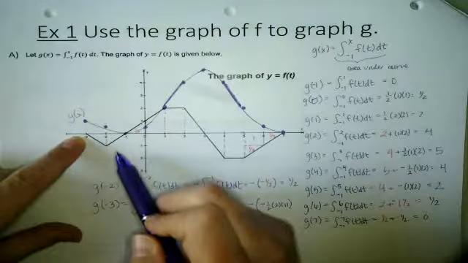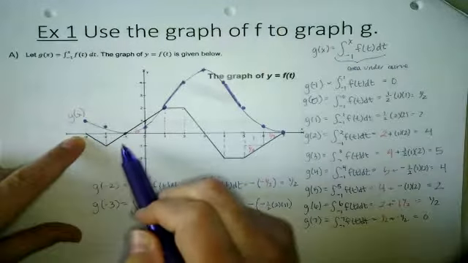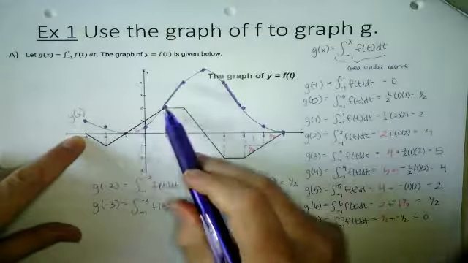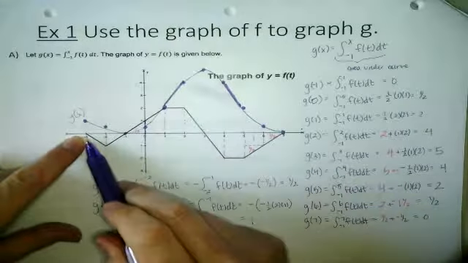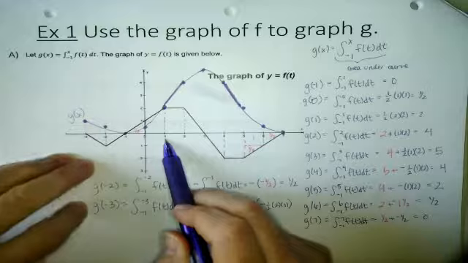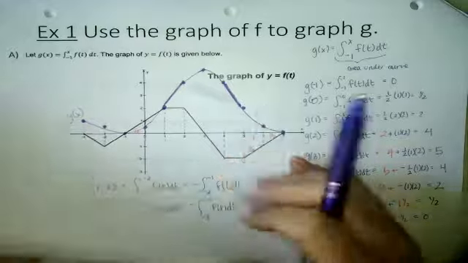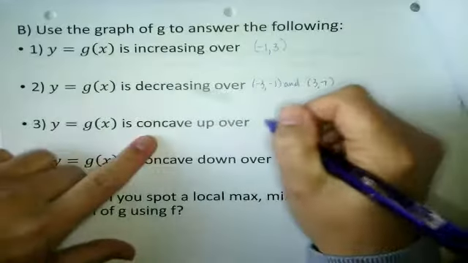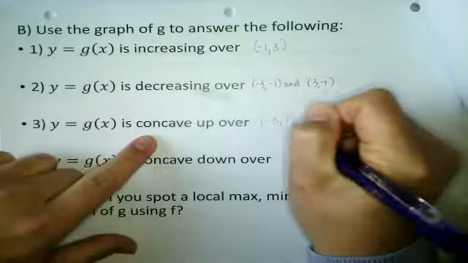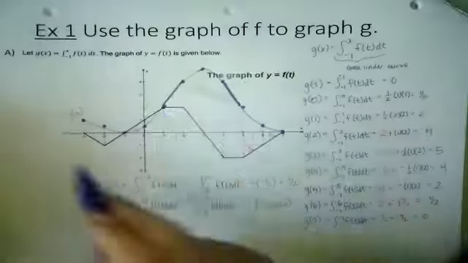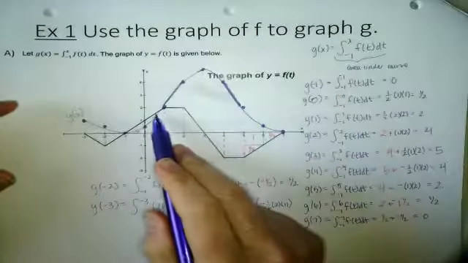So we are definitely concave up from -3 to 1. Was it 1 or -1? 1. Okay. Where else are we concave up?